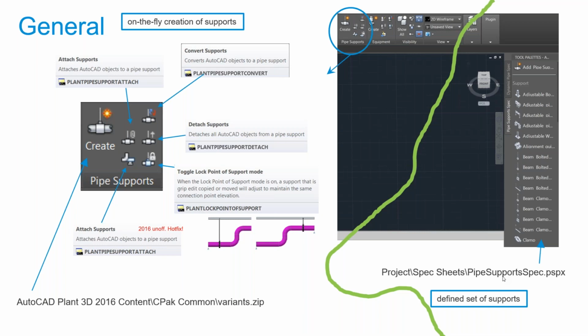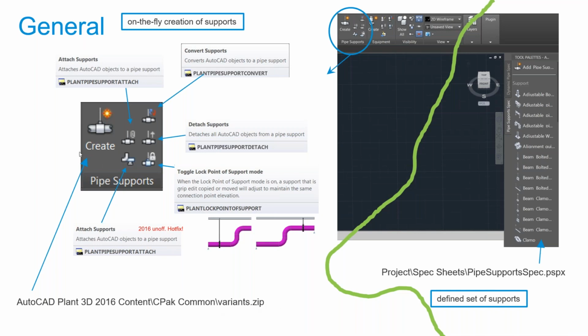This pipe spec can be modified. On the ribbon on top, you see several buttons. First of all, create, and here you have to be careful. If you click create, it's not offering you the supports from the spec, but from the variants.